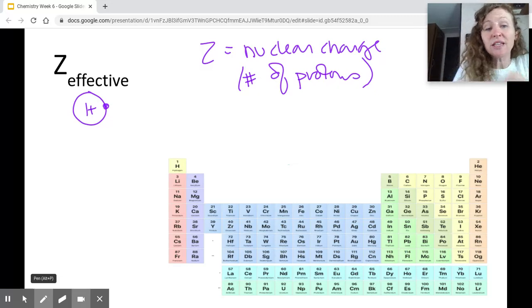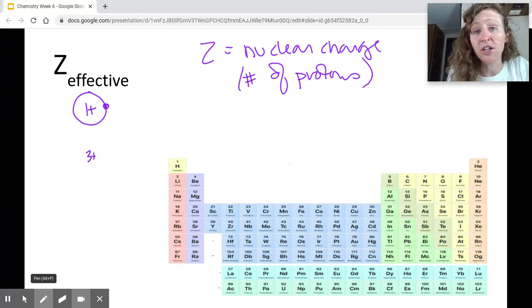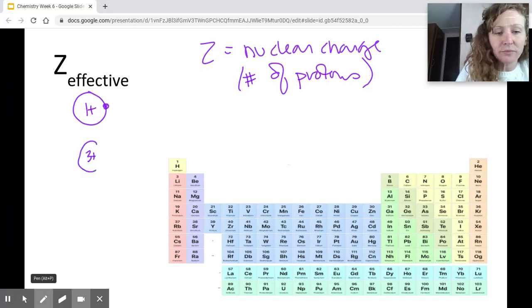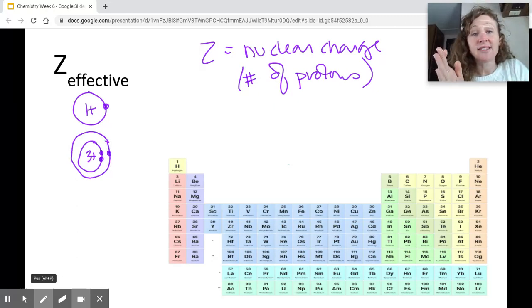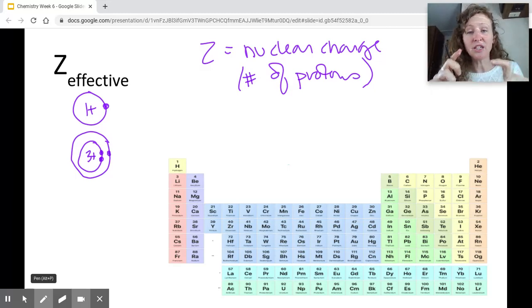Well, that's different than lithium. When we look at lithium, we have a 3 plus charge on the nucleus, which is more than hydrogen, but we also have our outermost electron that's outside of the innermost electrons, right? We have inner electrons.